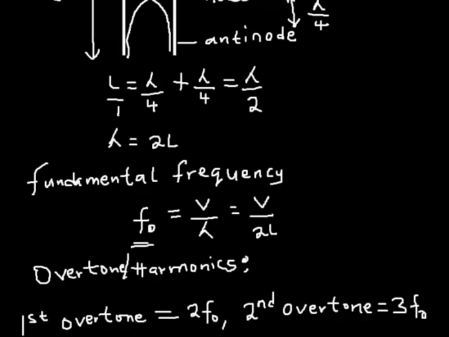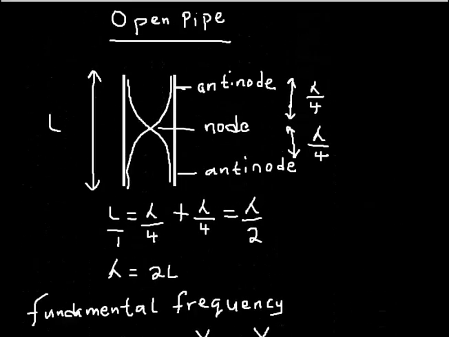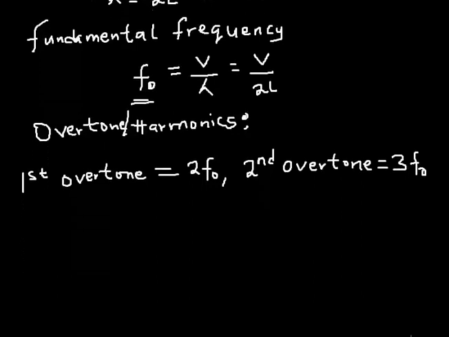So let's say this pipe has a length of 10 cm and produces a tone in air whose velocity is 320 meters per second, and you're being asked to find the third overtone.